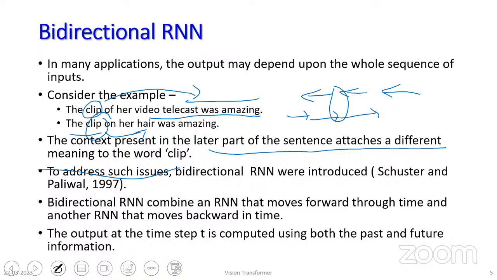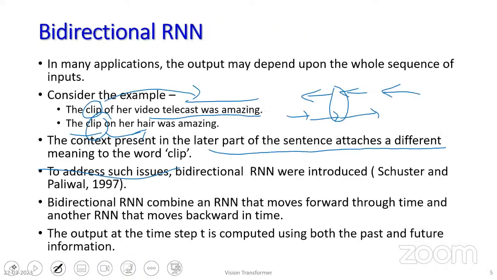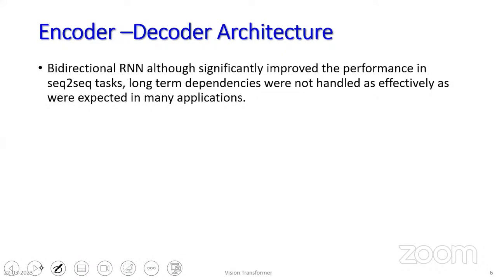Now, why am I telling you about RNN, my dear friends? Because the traditional RNN in the forward pass, or bidirectional RNN, is unable to deal with long-term dependencies.